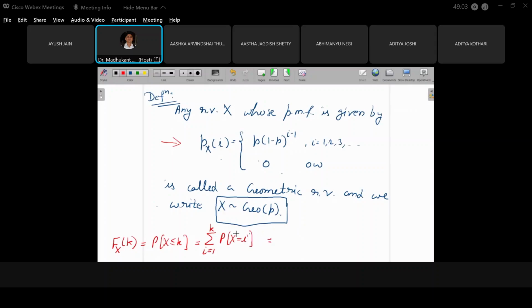So probability of X equals i you can replace here, and then you have summation i equals 1 to k of p times (1 minus p) to the power i minus 1, that's equal to p times summation i equals 1 to k of (1 minus p) to the power i minus 1. Right, so now it's a geometric series with common ratio 1 minus p, so now I can write this.